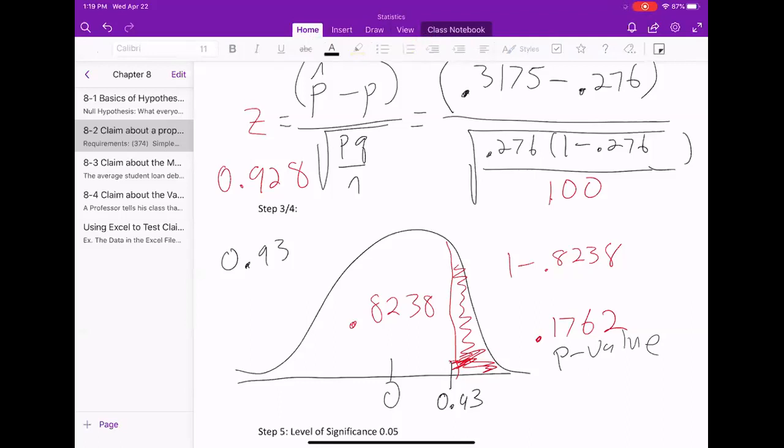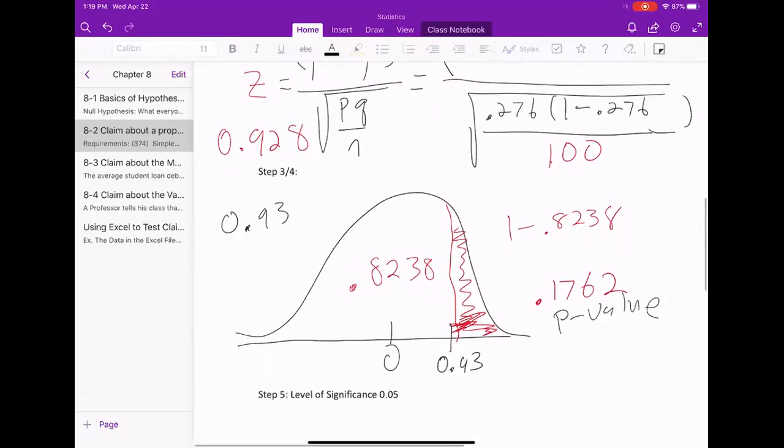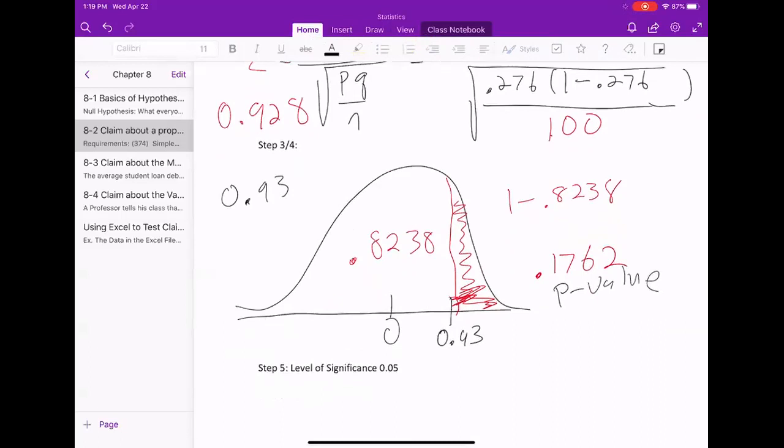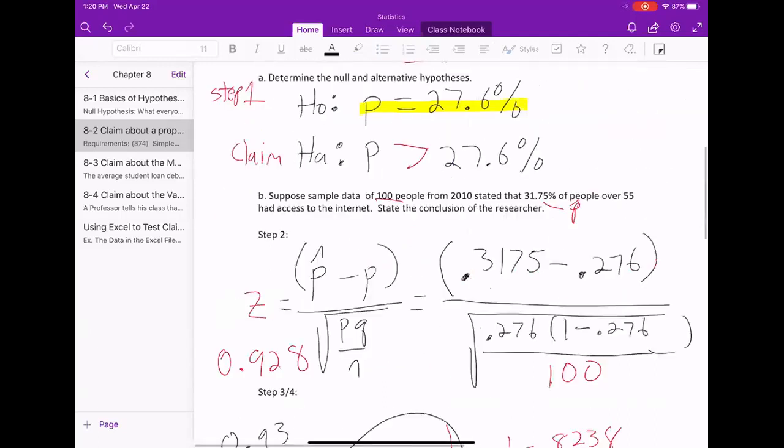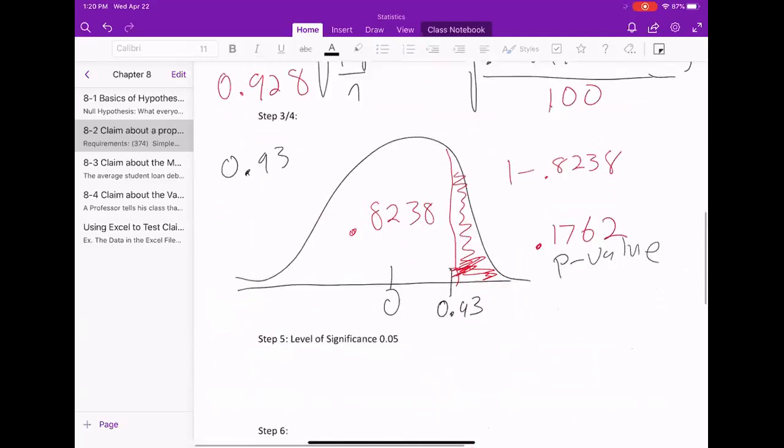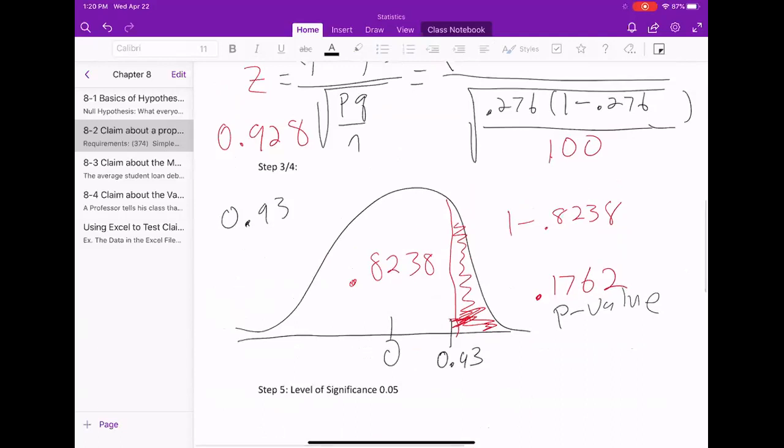So we're good so far. Steps 3 and 4 are basically chapter 6 again. Melissa had a question that I also had: where did the 0.8238 come from? From the table?